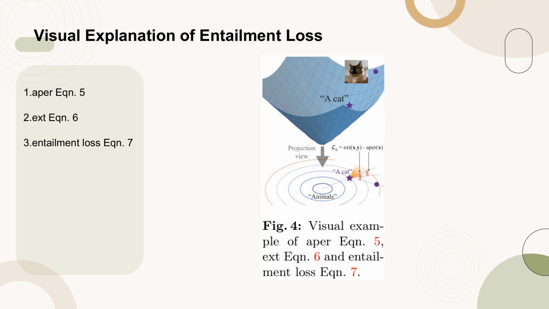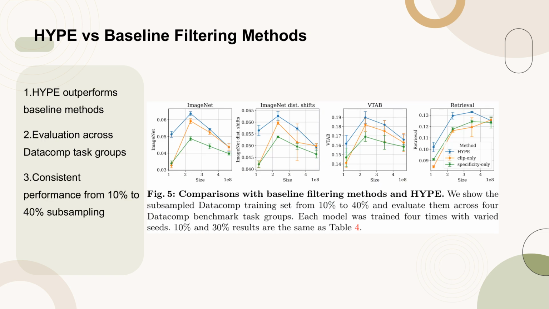The figure illustrates how the acute angle between these embeddings is calculated, and how the entailment loss is determined by the difference between this angle and the size of the cone. This visual aid is essential for grasping the mathematical underpinnings of the hyperbolic entailment filtering process, which is used to measure unimodal specificity independently.